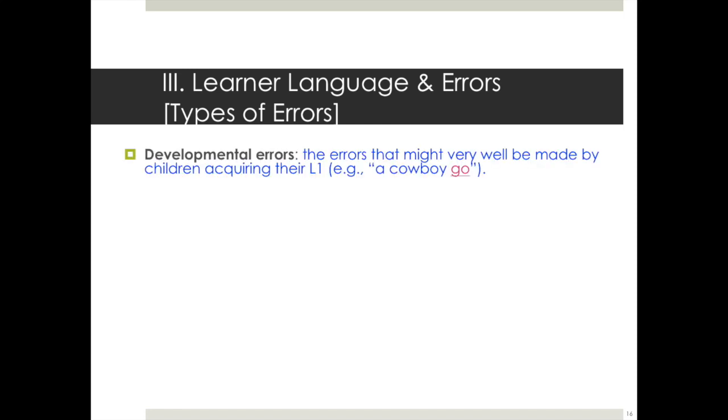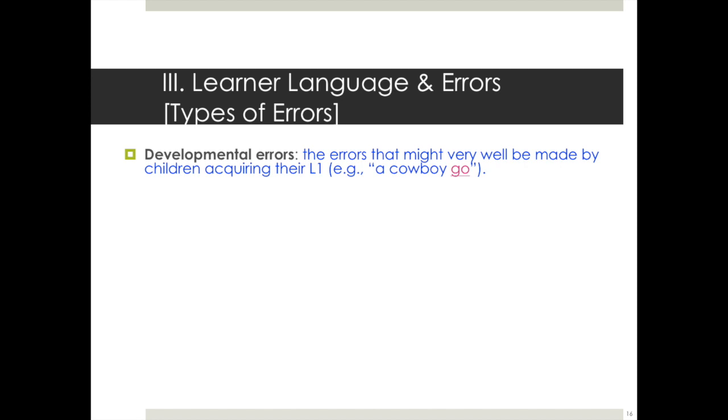In this specific part of the lecture, I'm going to be talking about some of the errors that we commonly encounter and that are really characteristic or maybe symptomatic of learner language. We have what we call developmental errors, and I want to open a small parenthesis here that some of these errors might sound to you to be similar, but they are classified under different labels.